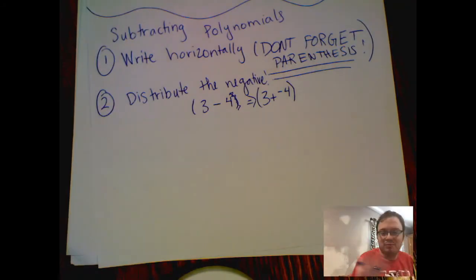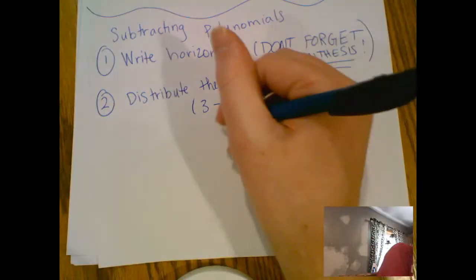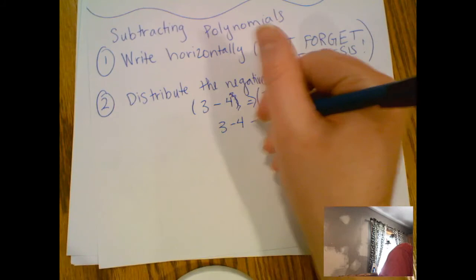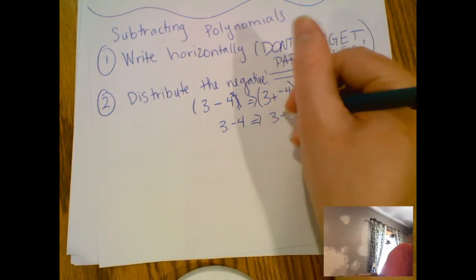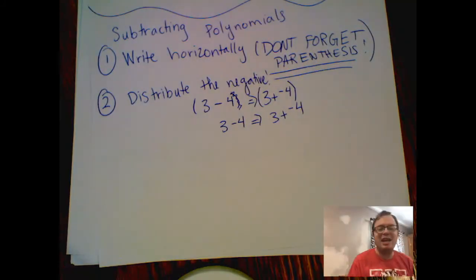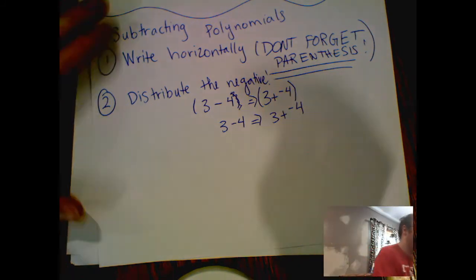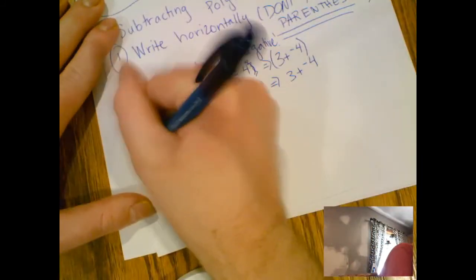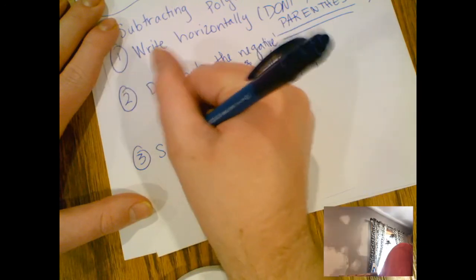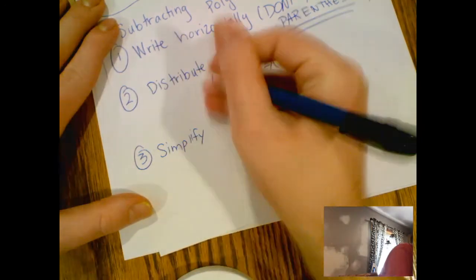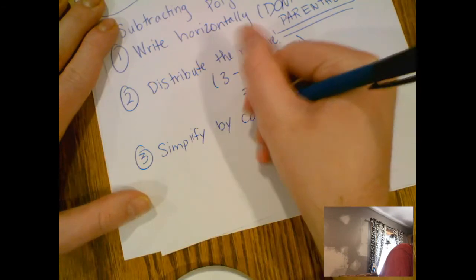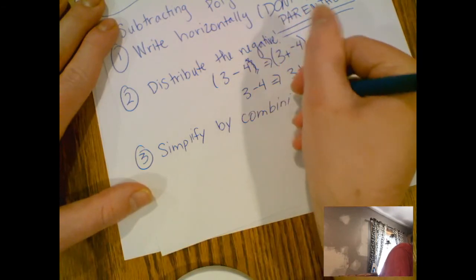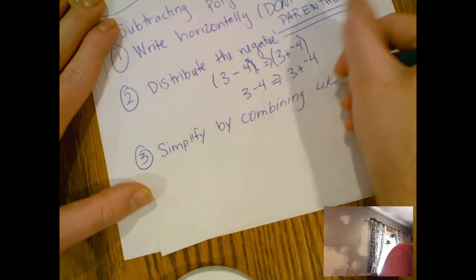I'll rewrite it. 3 minus 4, it's like changing it to 3 plus negative 4. It's like taking that subtraction sign and distributing it to that negative 4, and now changing the subtraction to an addition. Once we've distributed the negative, then we're going to simplify by combining like terms. So that is just like the last step of adding, combining like terms.